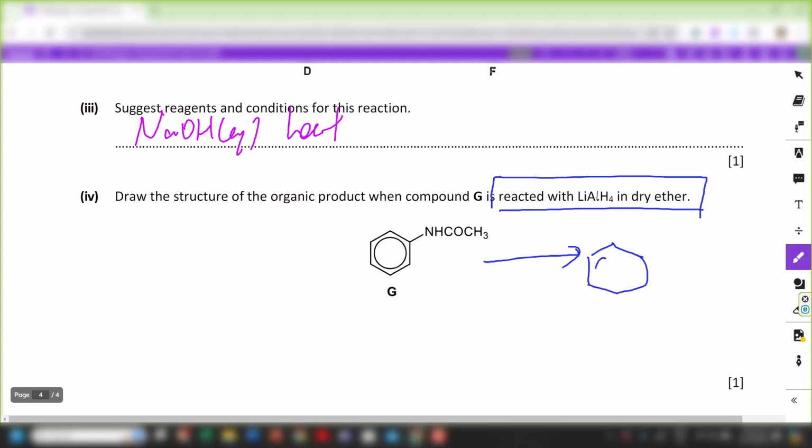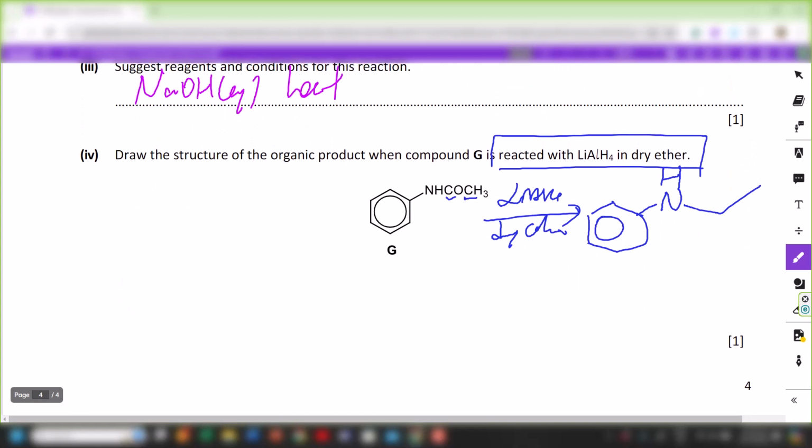So you have to draw out the amine over here, with H, and then with 2 carbons. Remember there are 2 carbons over here. So this is one of the key reactions that is unique to nitrogen compounds. With that, I think we have come to the end of the review for nitrogen compound exercise 2.